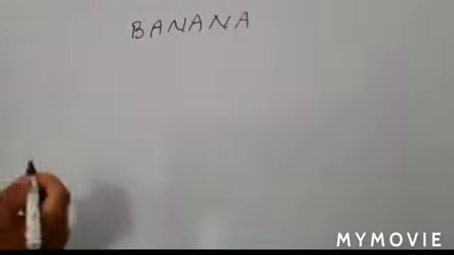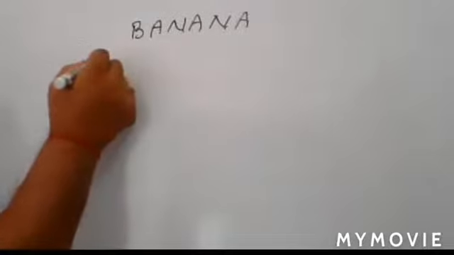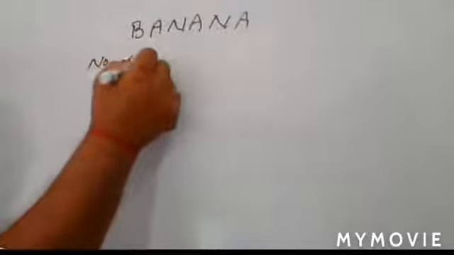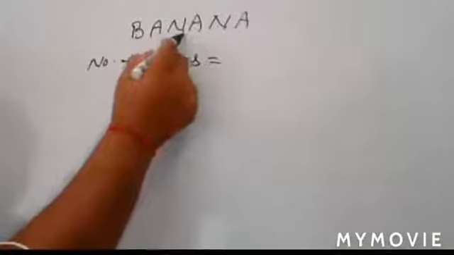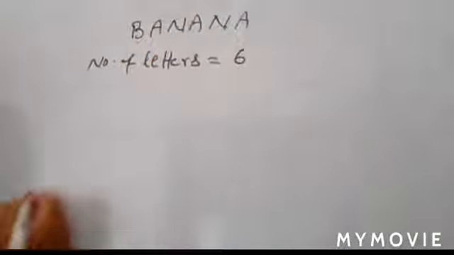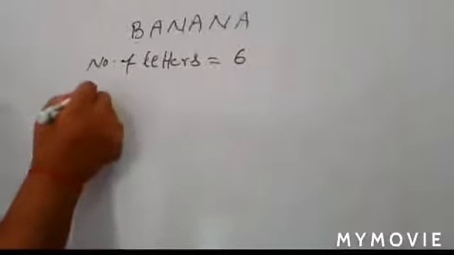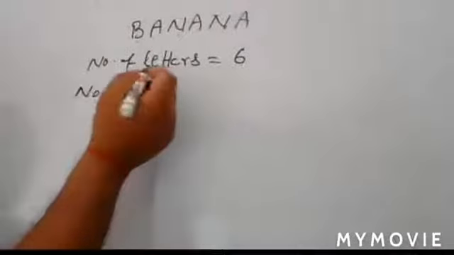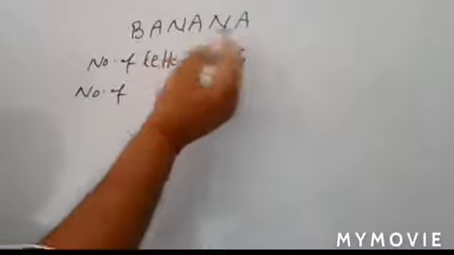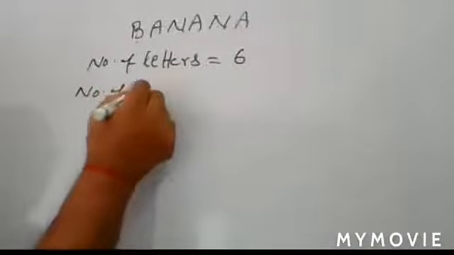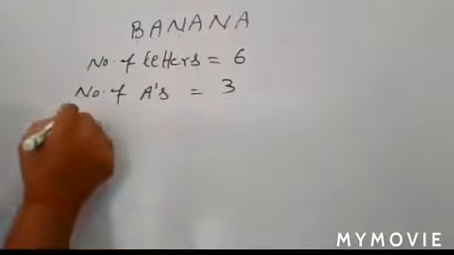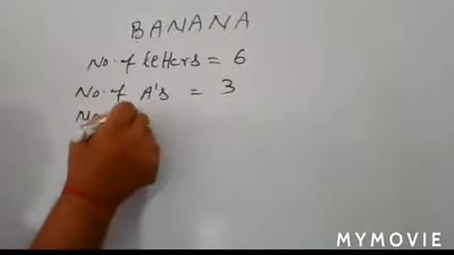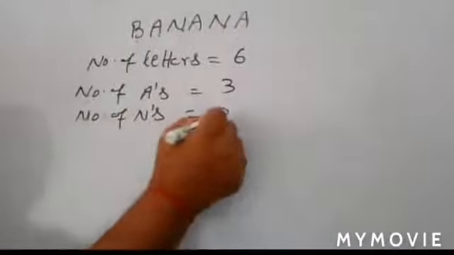Those who are not getting the answer, first of all you count the number of letters. Here the number of letters is 1, 2, 3, 4, 5, 6, so write 6. Now check which letters are repeated. The number of A's is 3, and the number of N's is 2.